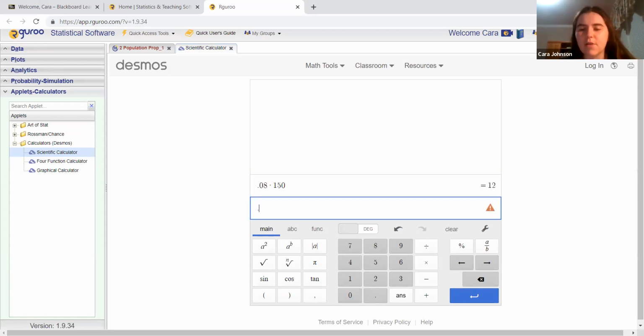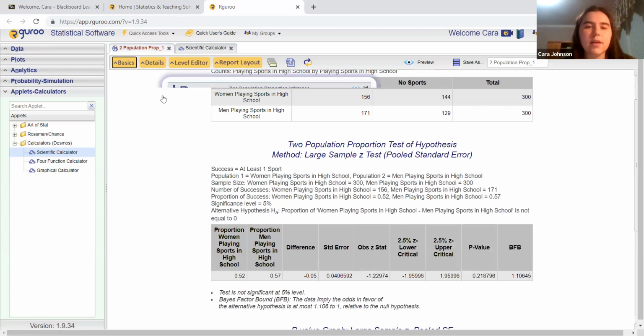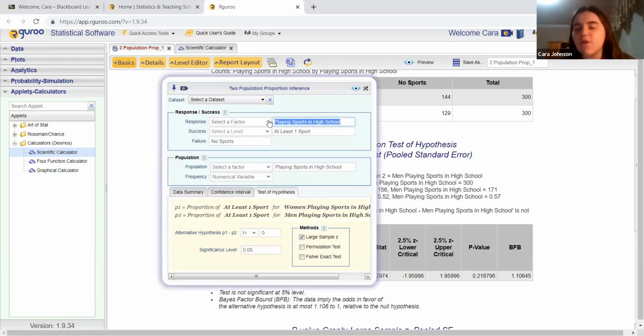For elementary schoolers, I said it was 14% of the 150. All right, so I have 12 successes for the middle schoolers, 21 for the elementary schoolers. All right, so our general variable here is going to be peanut butter allergy. And then a success, we're going to be that they are allergic, and a failure is not allergic.